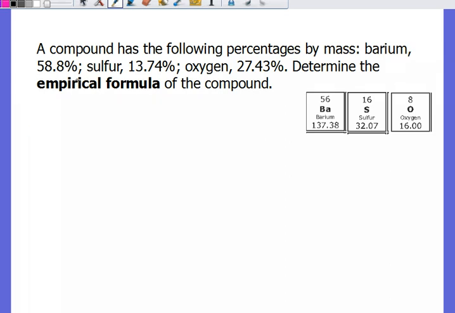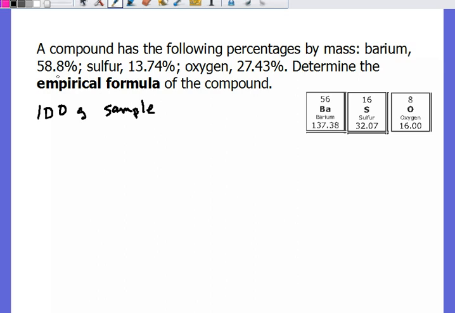So if you assume a 100 gram sample, then those percentages can just become grams. If you had 100 grams of this substance, these percentages would be how many grams each one is contributing, so you might just go ahead and assume a sample of 100 grams so that you can work with these percentages.